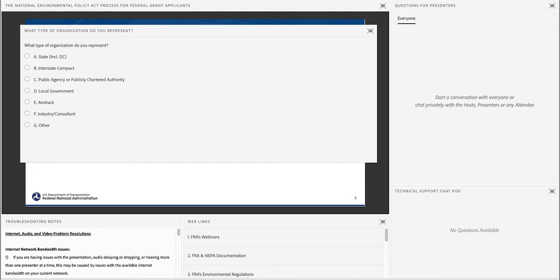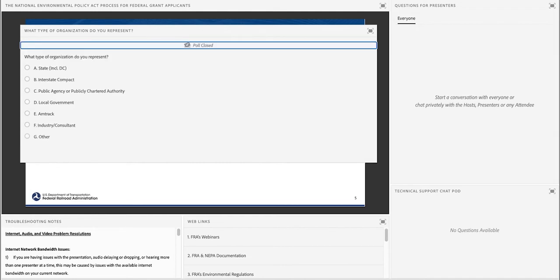The way you make your selection is by selecting the little round dot there. All right, we're going to end that poll. It looks like 23% of attendees come from the state, 12% from a public agency or publicly chartered authority, 10% from a local government, 46% from industry or consultant, 9% from other, and about 1% from Amtrak.